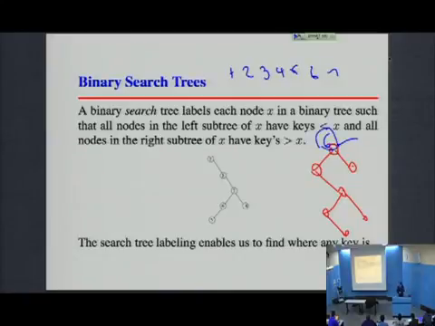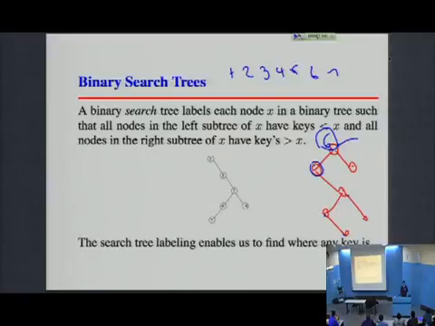Everything that is in its left subtree has to be less than it. So if you have 1, 2, 3, 4, 5 nodes in its left subtree, that means the rank of the root has to be 6th in sorted order.